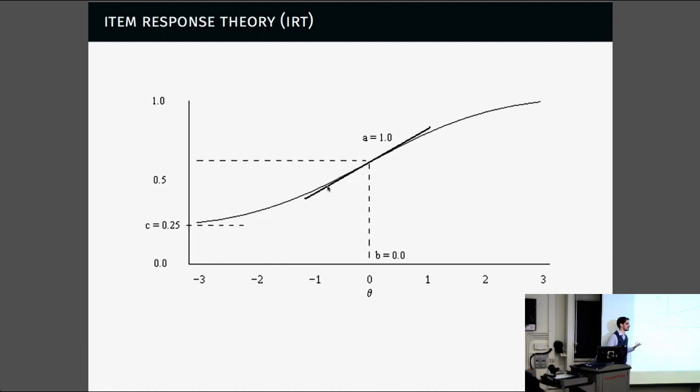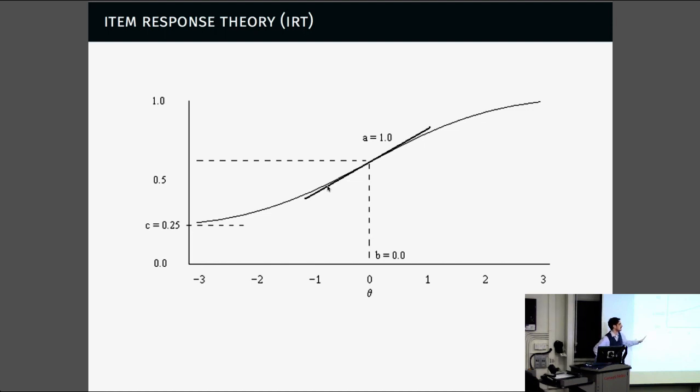So what happens if we increase B? Let's say B was 2. What would that mean? What's a statement you can make with that? Okay, the curve would shift. Which student would have a 50% probability of answering that question correctly if B equals 2? Theta equals 2. Yeah.